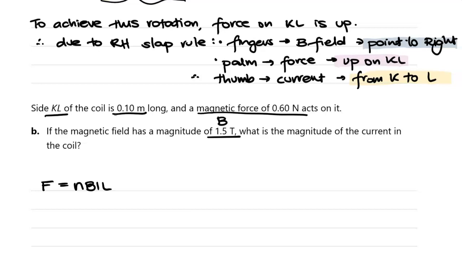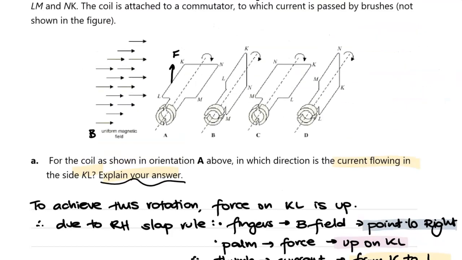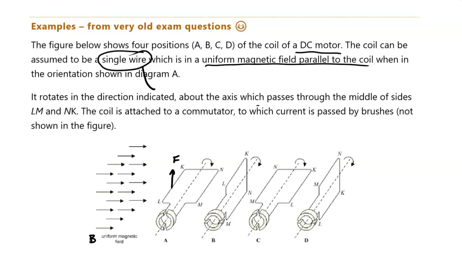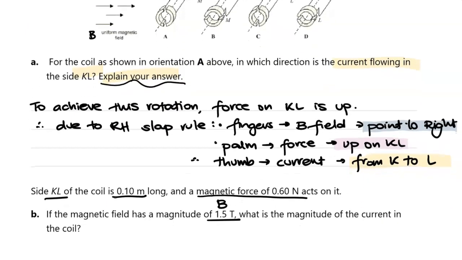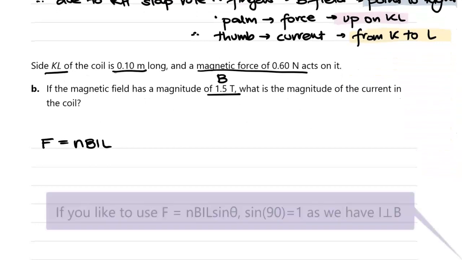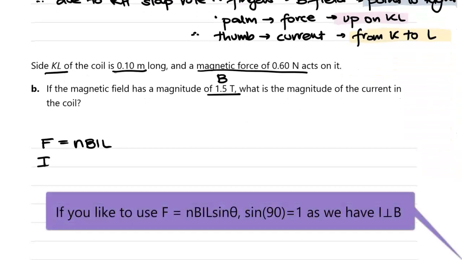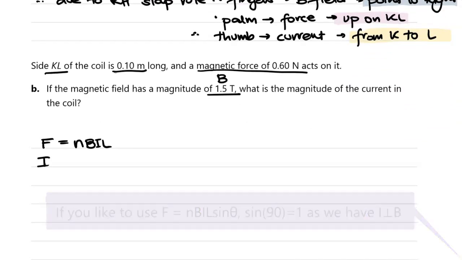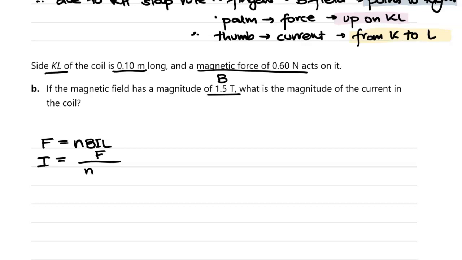Recall I said sometimes people just write F equals BIL, but I think it's a really good idea to get into the habit of writing N, even if in this case, they said it was a single wire where N is 1. It's really going to pay dividends if you have multiple coils of wire. So we are interested in finding the current. I often write it with the I with those little things there, so it doesn't look like I'm saying 1. I equals F divided by N, B, and L.